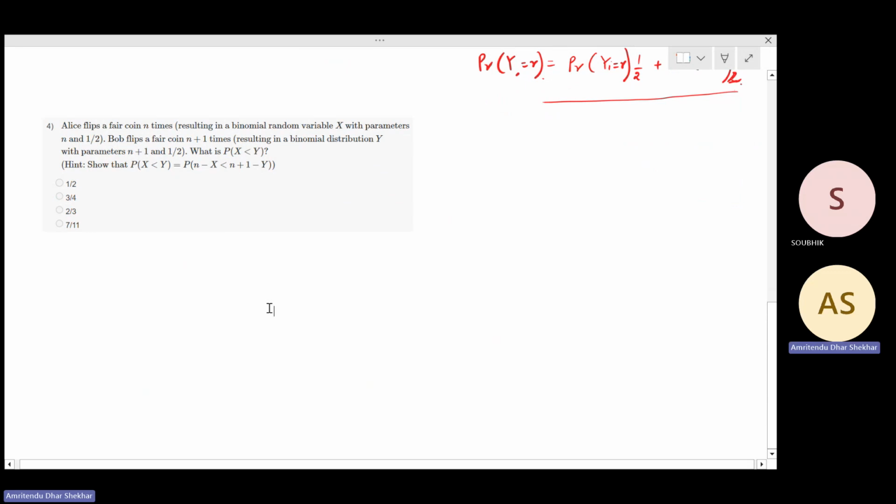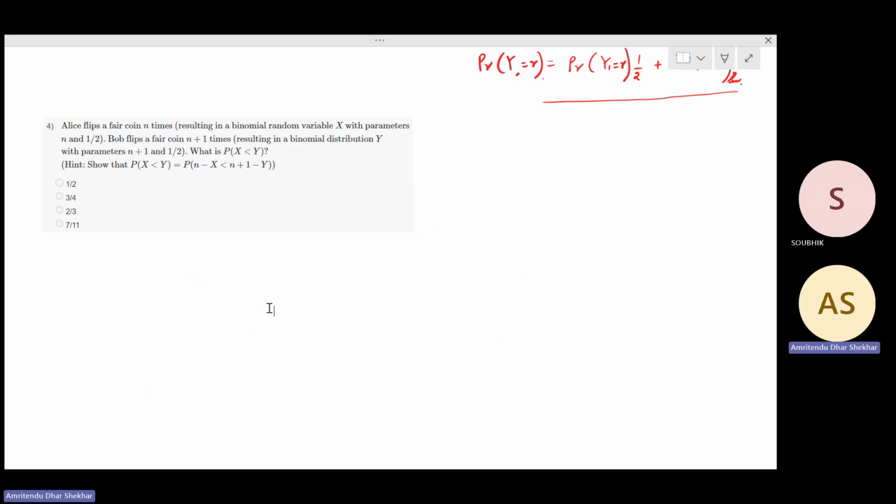This question is: Alice flips a coin n times, and Bob flips a coin n plus 1 times. Both are fair coins, so head and tail appear with probability half, respectively.